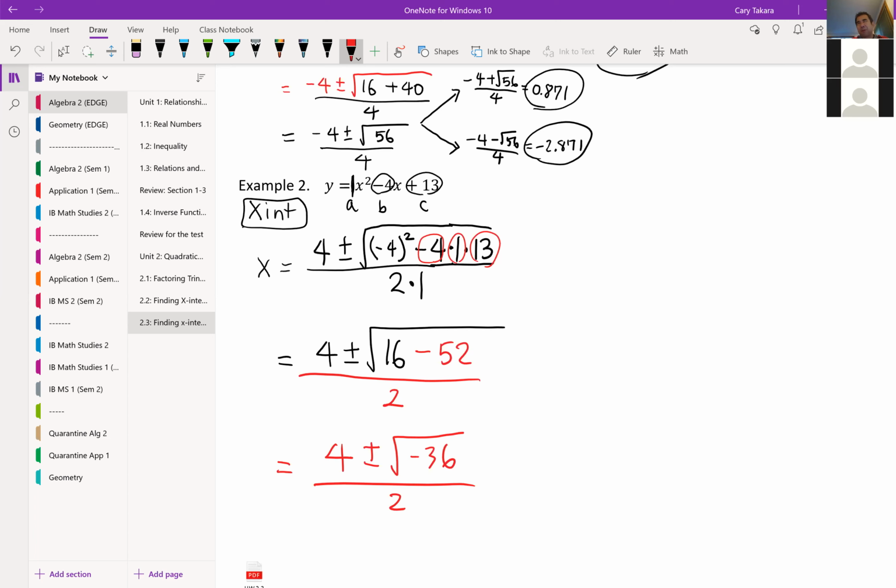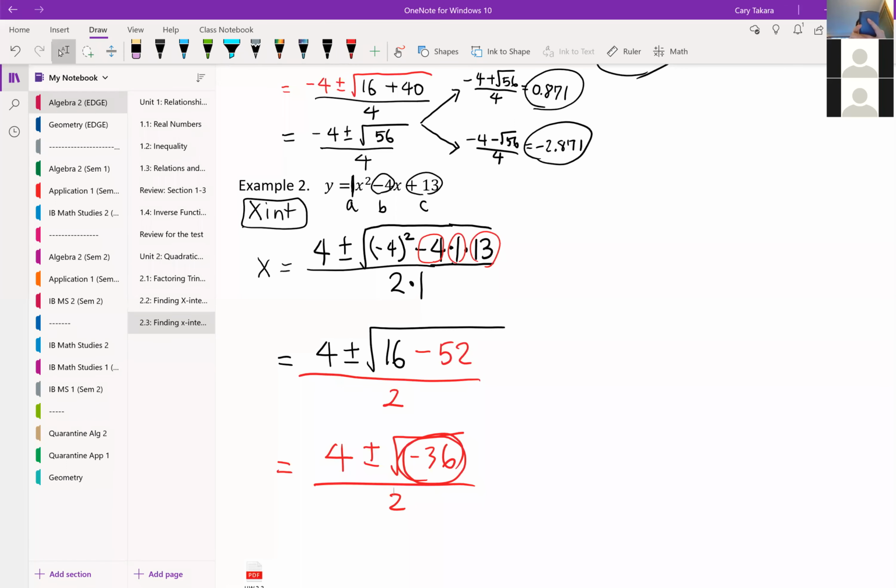Do you guys remember being taught that inside of a square root sign cannot be negative? Do you see right here, we've got negative 36. Now, do you guys have a calculator? Okay. Can you do the square root of a negative number, negative 36?